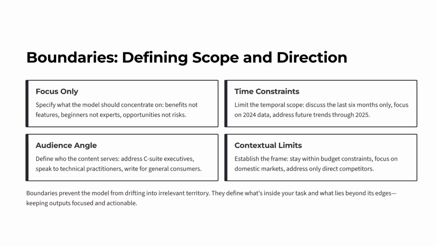Audience angle boundaries, defining who the content should be written for: executives, technical practitioners, or general consumers. And contextual limits, such as staying within budget constraints or addressing only direct competitors. These boundaries keep outputs focused and actionable.